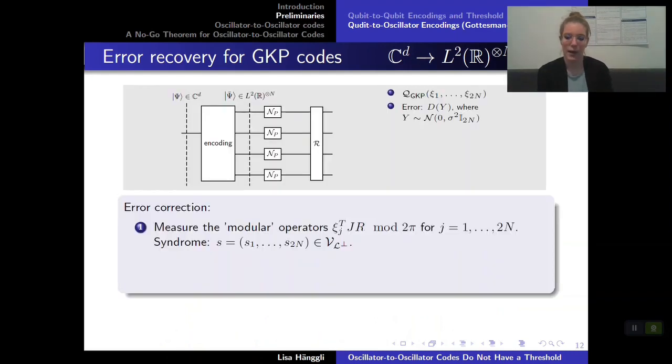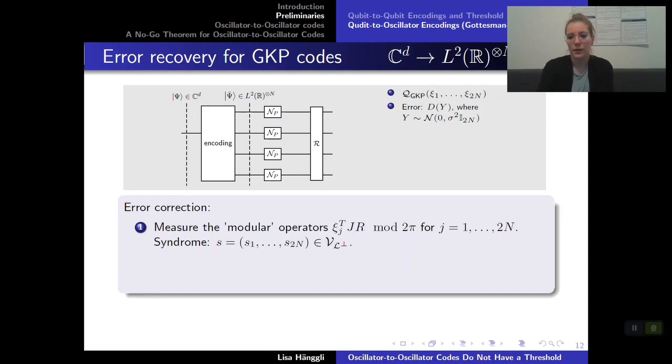Okay, so now error correction proceeds as usual by measuring the stabilizer operators to get a syndrome. And since in our case the stabilizer operators are of the form exponential of i times some operator, measuring them is the same as measuring these operators modulo 2 pi.